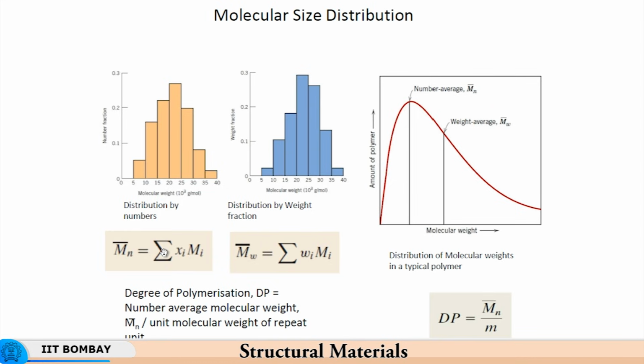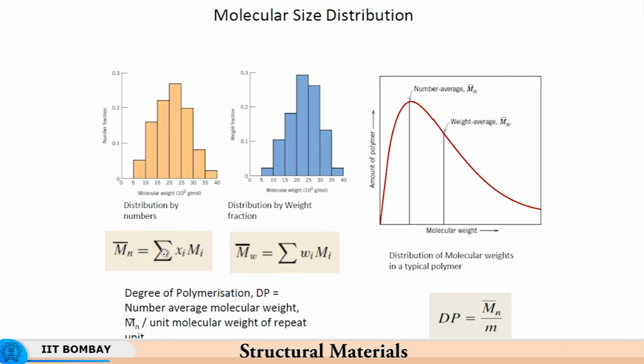Similarly, you would have, let us say, 15%, that is the number fraction, of molecular weight from 10 to 15,000 gram per mole, and this way you will have the maximum, very close to 30, maybe 27 or so, between 20 to 25,000 gram per mole. So, this is one way of representation.